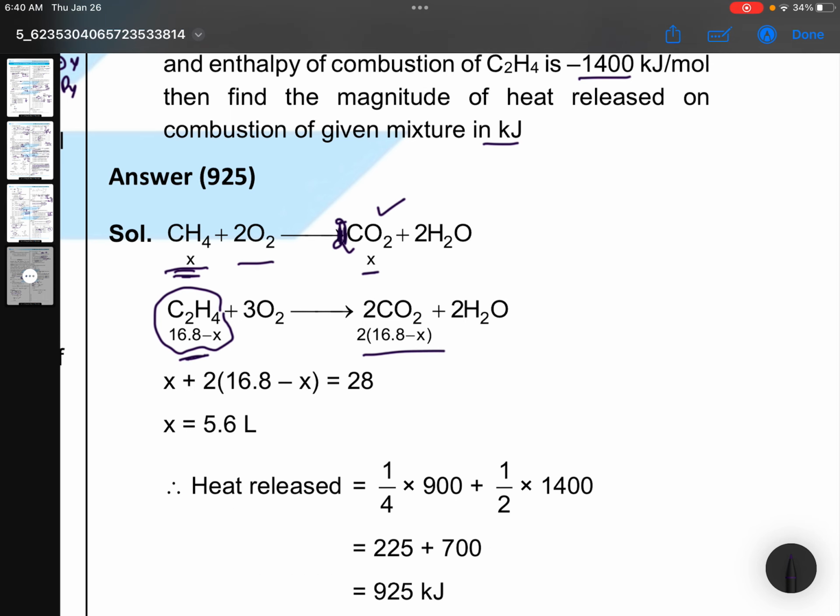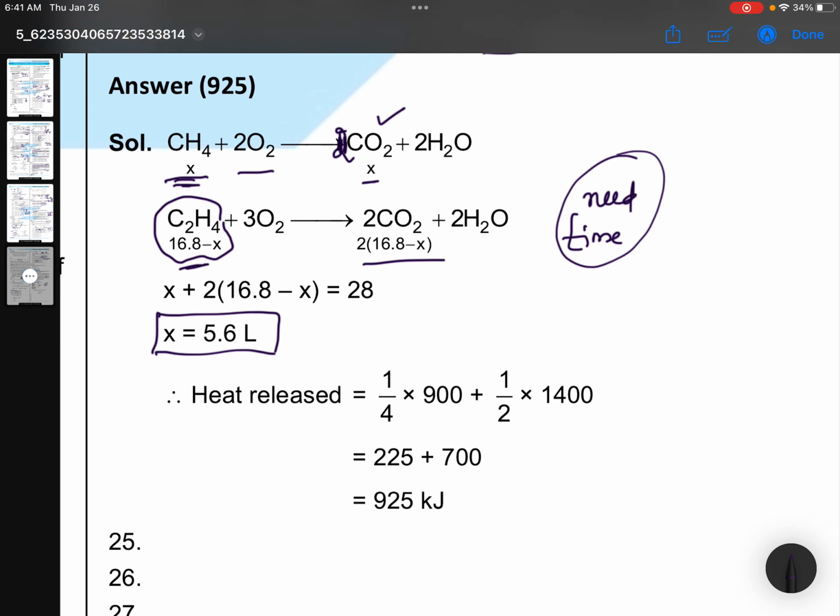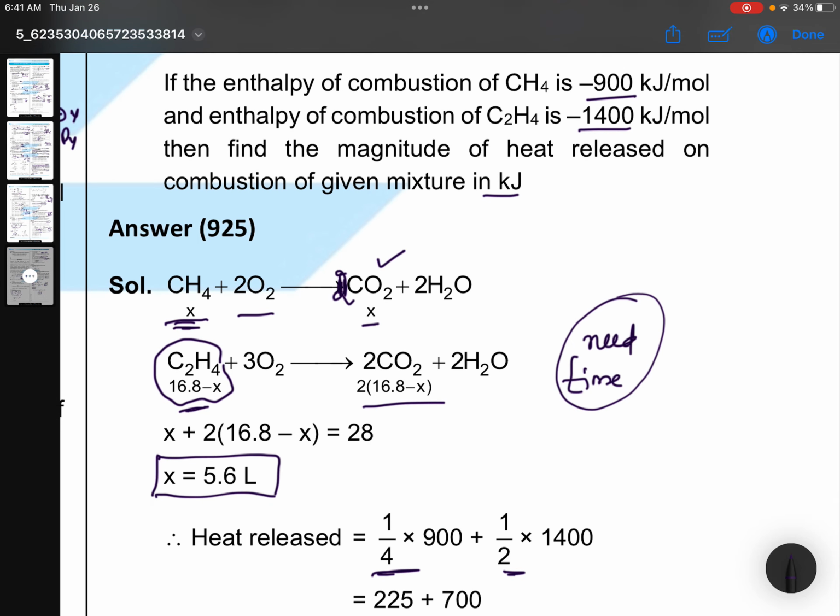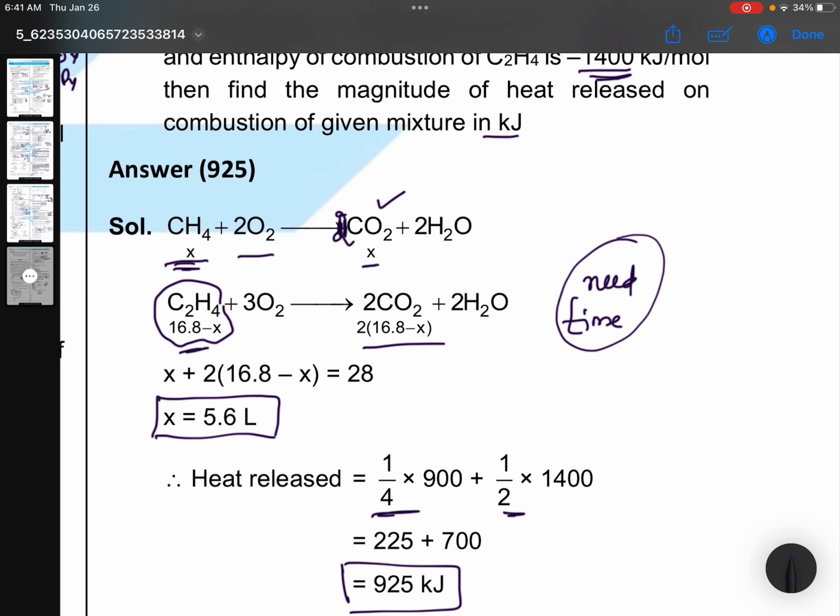So from here you can easily find out the x value, that is 5.6. Little time taking, you need time. So heat released is 1/4 and here 1/2. So the total is 925. Okay, now 1/4 of 900 and half of this, the total is 925.